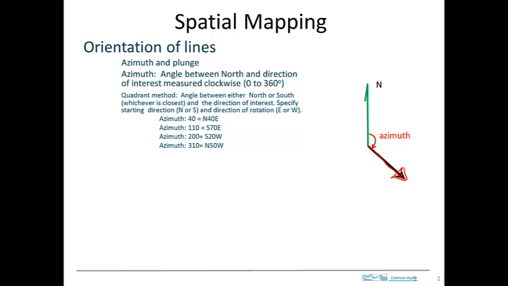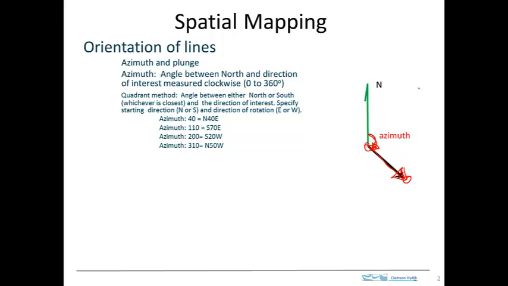This would be the high point, and this is the low point. So we draw this as an arrow where the arrow is pointing in the direction that the line is descending. Now in map view we get an angle here that is from north to the direction of our line of interest.